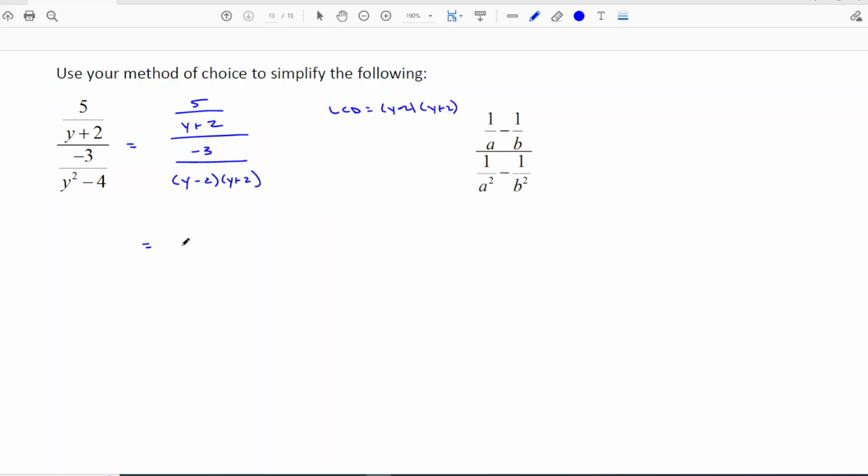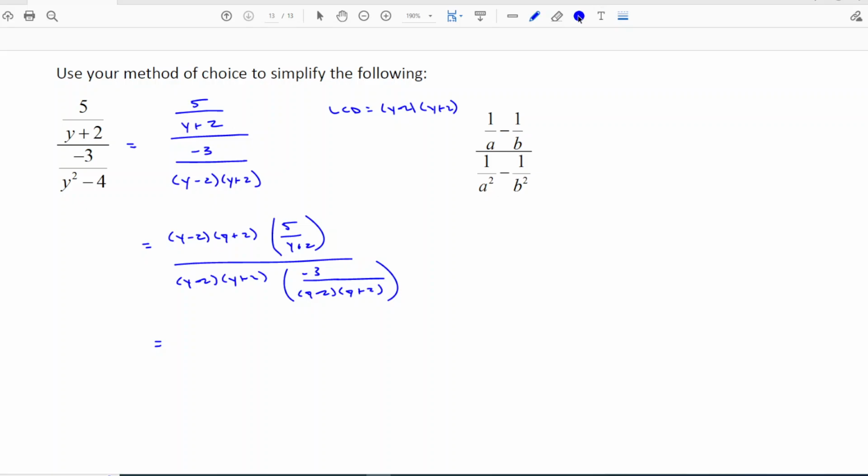And so then you're going to multiply every term by y minus 2, y plus 2 times 5 over y plus 2 all over y minus 2, y plus 2 times negative 3 over, it's a lot of writing, y minus 2, y plus 2.